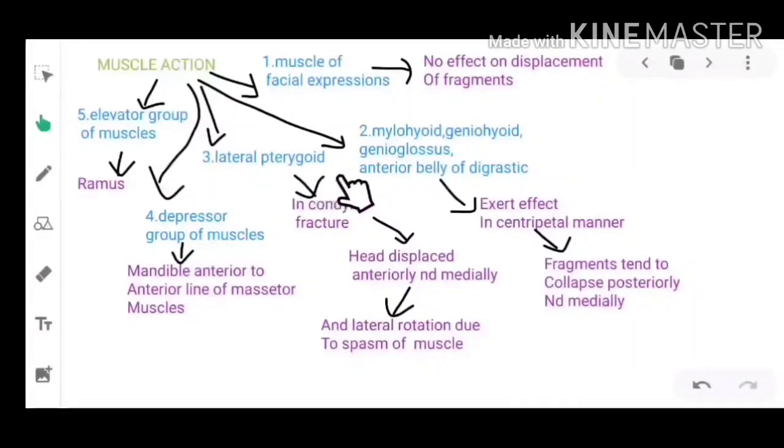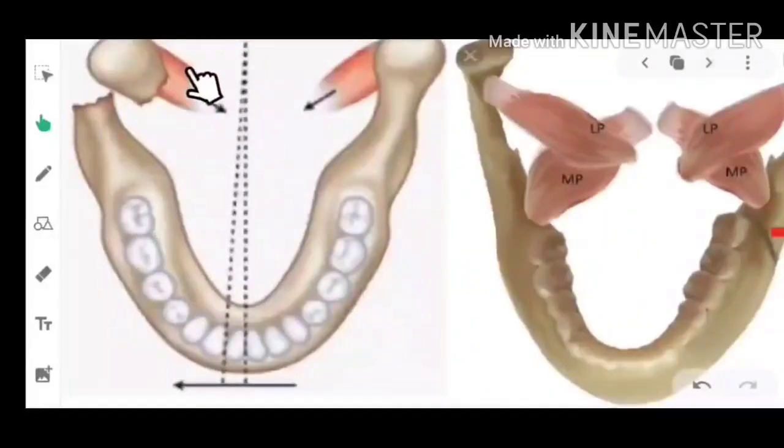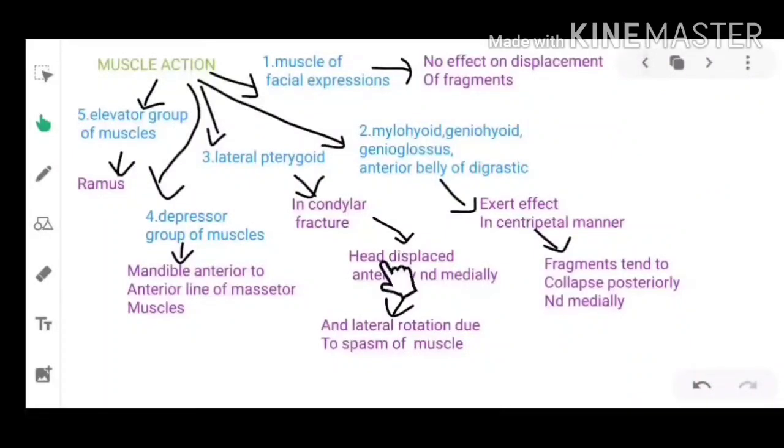Now, lateral pterygoid. The lateral pterygoid muscle is inserted in the medial fossa on the anterior aspect of the condyle. When condylar fracture occurs, the head gets displaced anteriorly and medially, and also sometimes lateral rotation occurs due to spasm of the muscle.